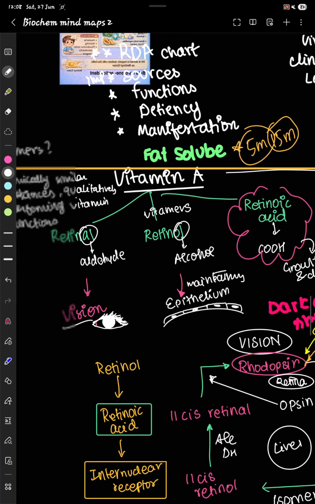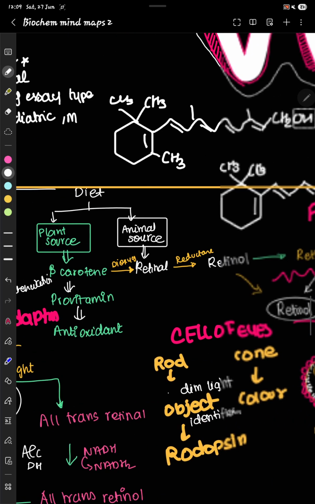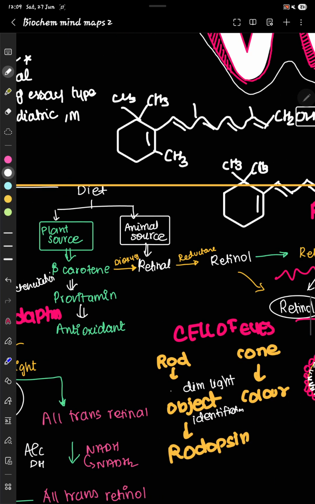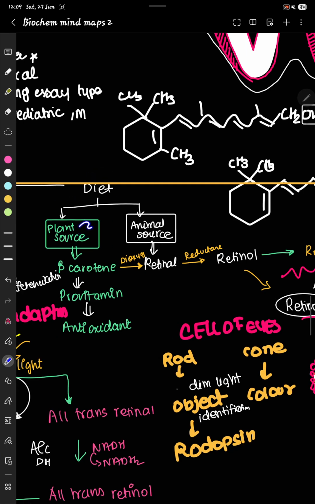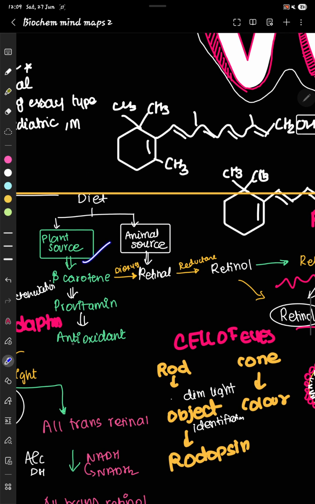Now, these are the vitamers and they are required in our diet. But where are they available? They are taken through the diet, from plant sources and animal sources. The plant source of vitamin A is beta carotene.